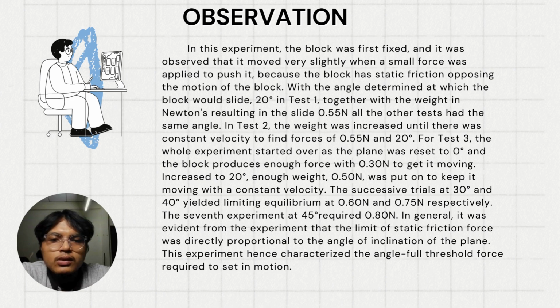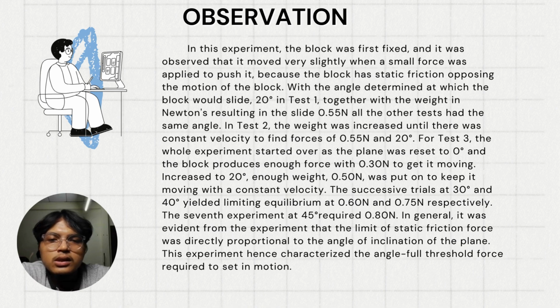In test 2, the weight was increased until there was constant velocity to find forces of 0.55 newton and 20 degree. For test 3, the whole experiment started over as the plane was reset to 0 degree and the block produced enough force with 0.3 newton to get it moving.